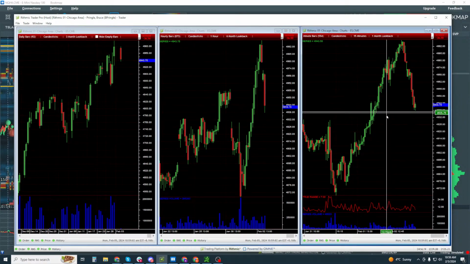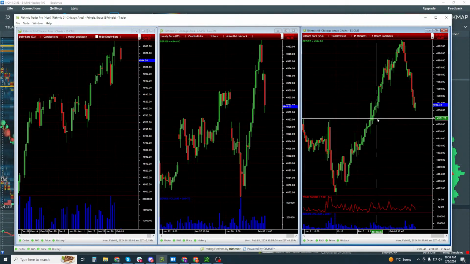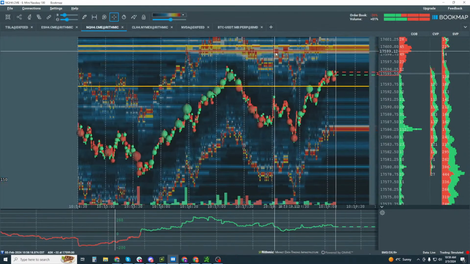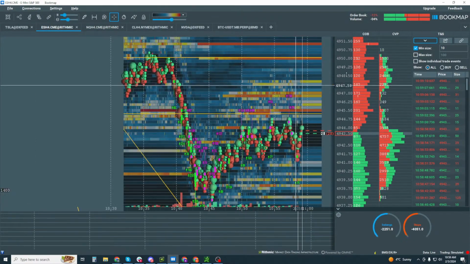But we're going to get some pullbacks and different movements in here. Still, the liquidity on that higher time frame in the ES is down here.